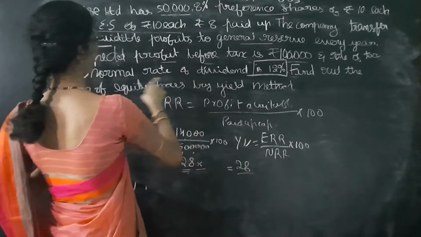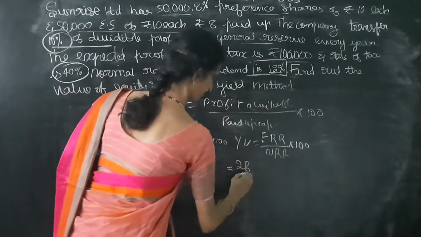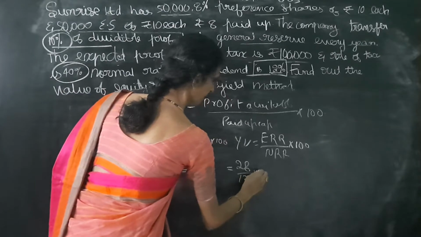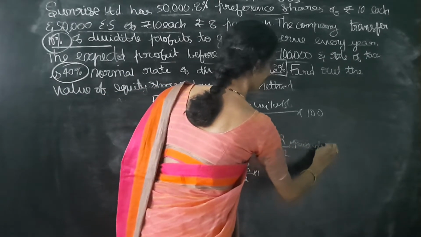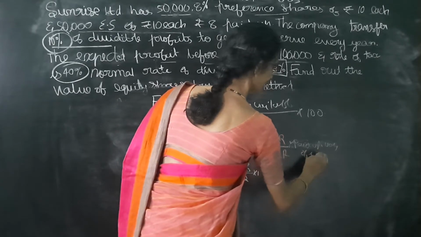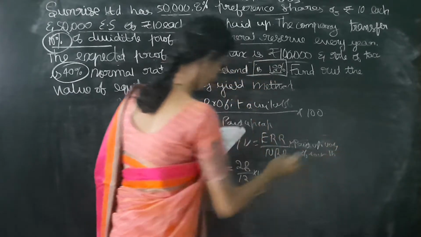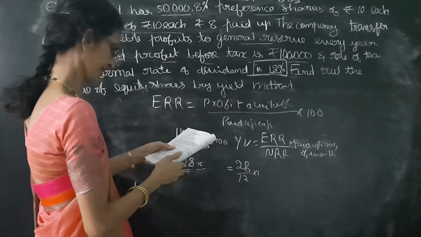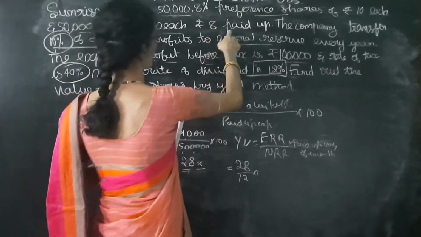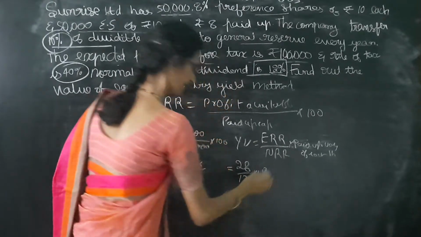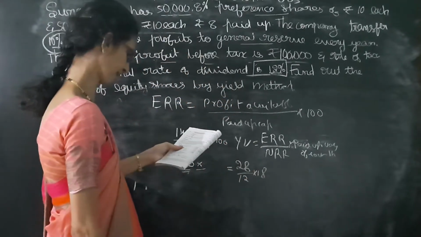NRR, normal rate of return, is given here, it is 12 into paid up value of each share. The paid up value of each share is rupees 8 paid up.